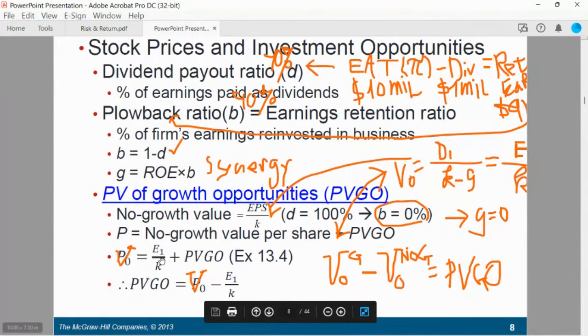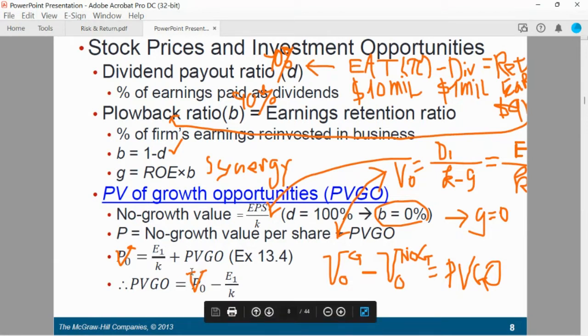Basically, because the price of the stock is the dividend yield. I'm sorry, not dividend yield in this case. Dividend future cash flow discounted by the required return plus the present value of the growth opportunity, right? But the present value of the growth opportunity will be positive if they are not paying out all the earnings per share, in other words, just paying out only the dividend.